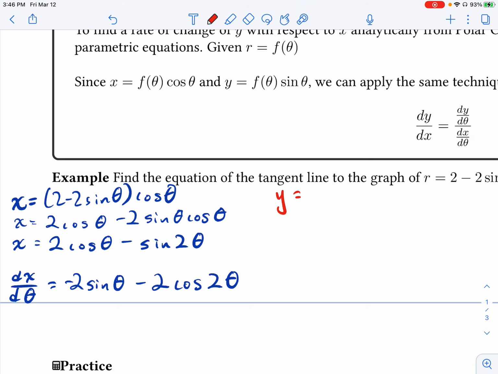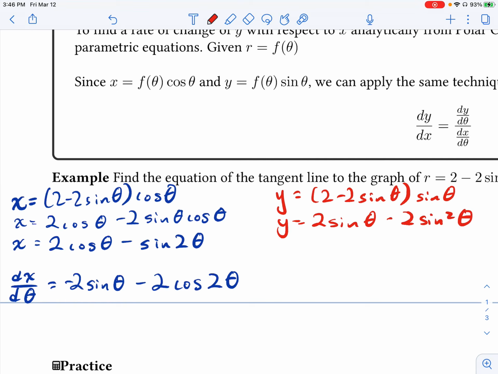Next up, let's find our y equation. So we're going to say 2 minus 2 sine theta, this is our r value, times sine of theta. So this then gives me 2 sine theta minus 2 sine squared theta. Now from here, let's find dy d theta, the derivative of this.